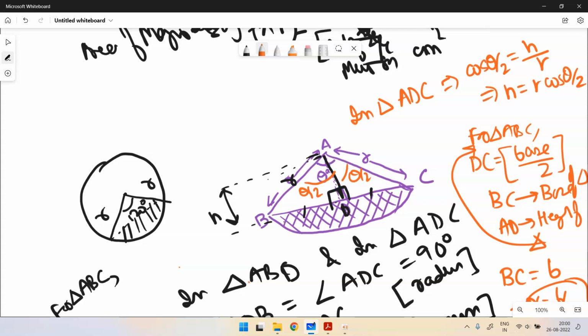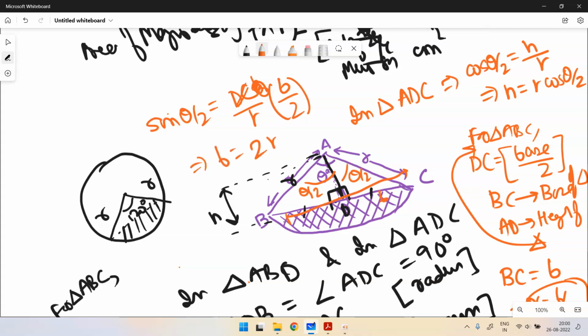Now in the same triangle, what is sin theta by 2? Sin theta by 2 is DC by r. DC is b by 2, which implies that the value of b is 2r sin theta by 2.